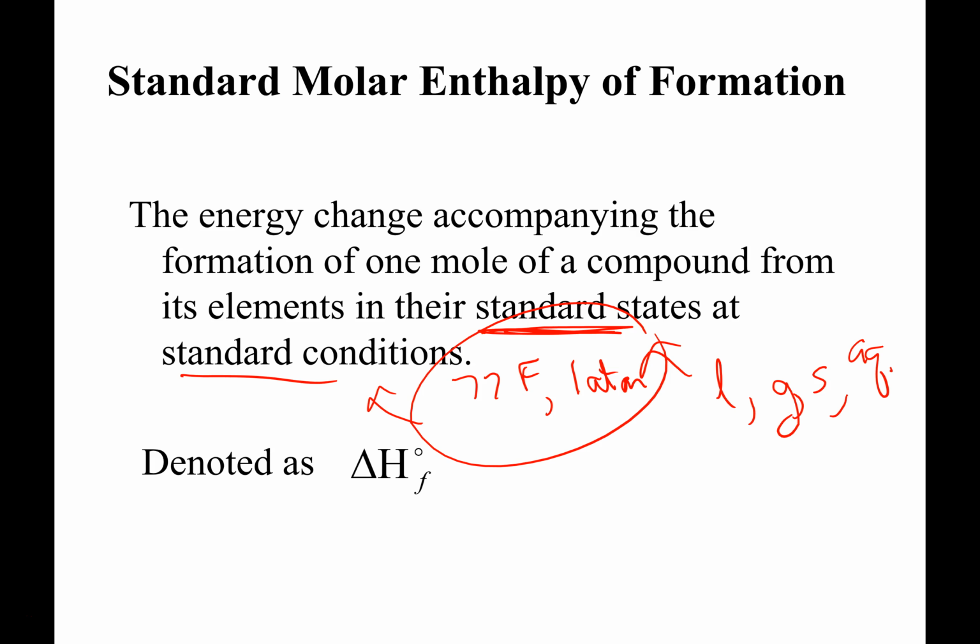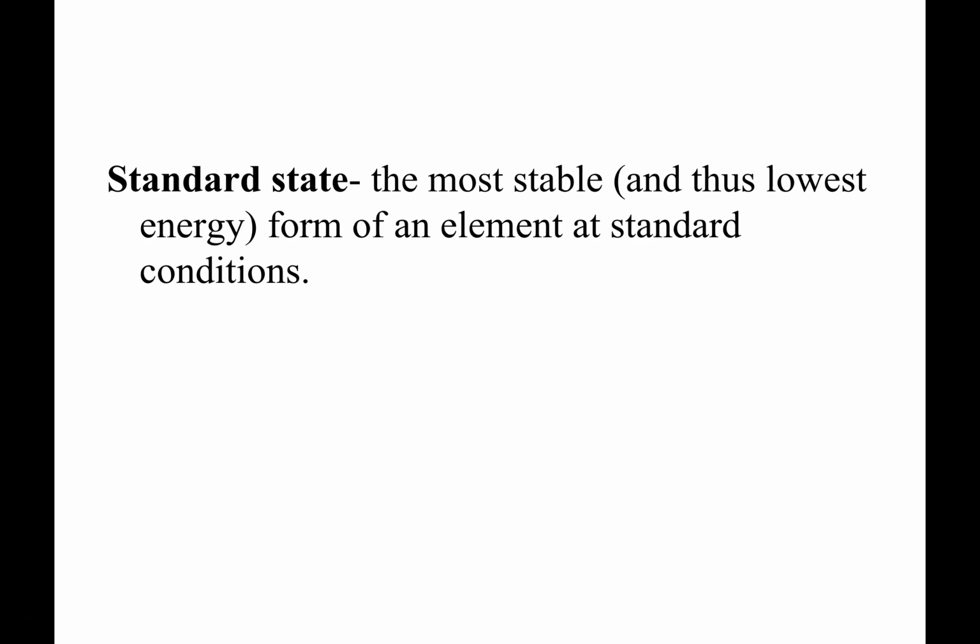It's the heat of formation of that compound. Standard state, I said that's the solid, liquid, gas, whatever it's going to be. So for instance, look at the periodic table. These are things we're going to be joining together in standard molar enthalpies of formation. Most of these are solids, quite frankly. A handful are gases.